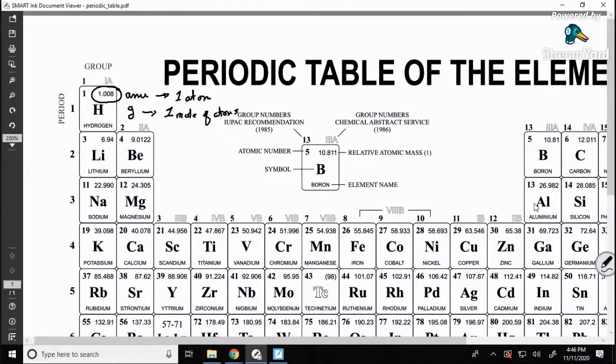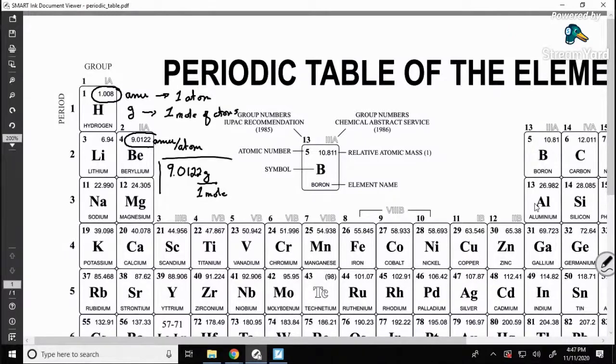So we can look at, say, beryllium. It has an atomic mass of 9.0122. If I put the units of AMUs, that is going to be per atom. But if I write it as 9.0122 grams, then that is automatically per 1 mole.